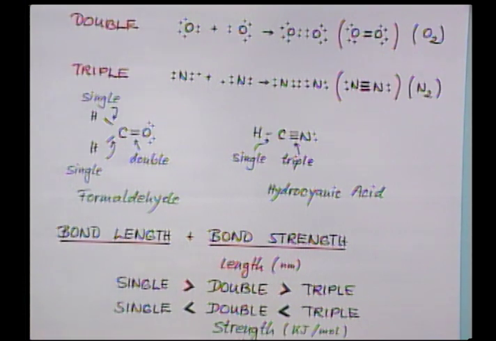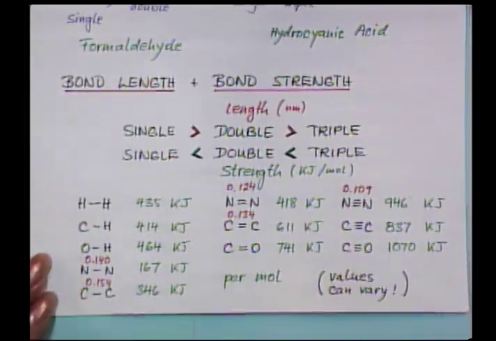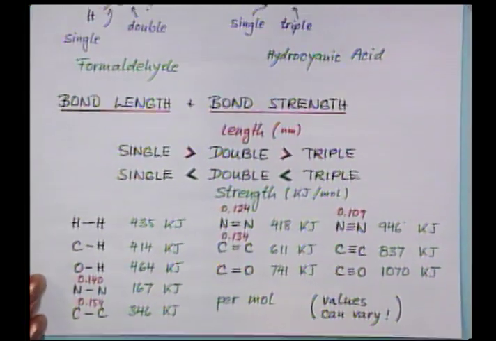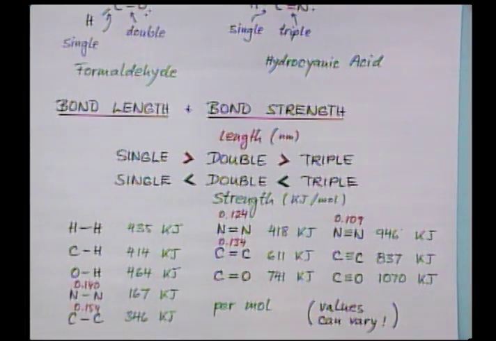Now let's look at some numbers and compare bond length, bond order, and strength of the bond. We can roughly say that a single bond is longer than a double, which is longer than a triple.